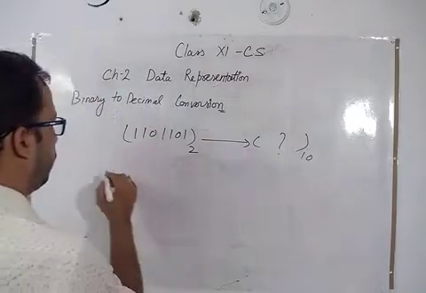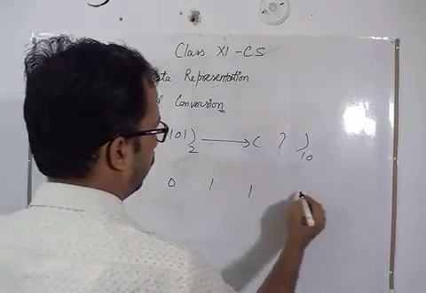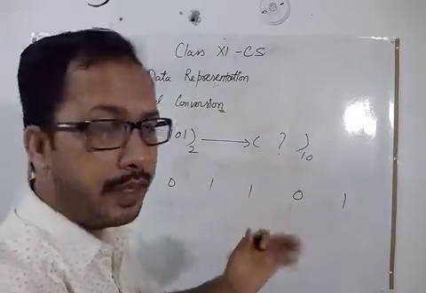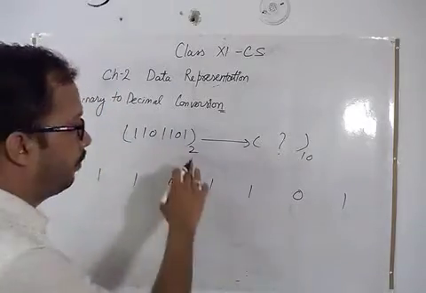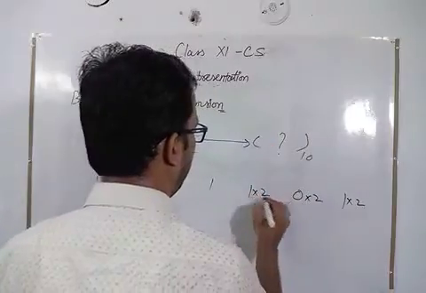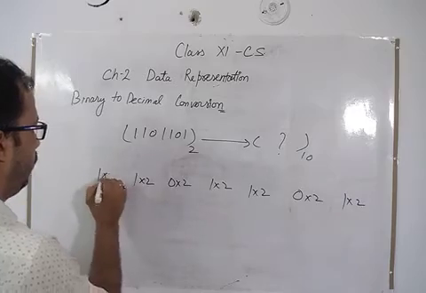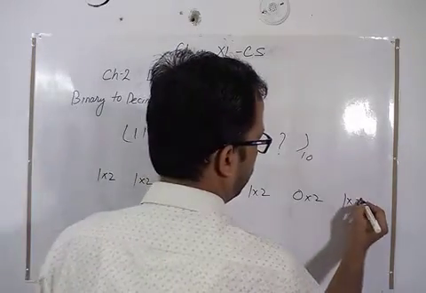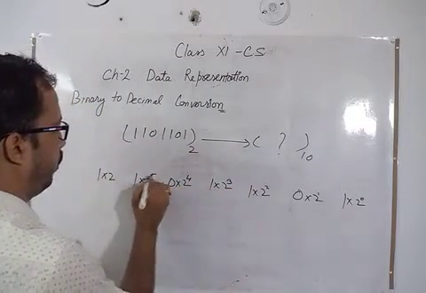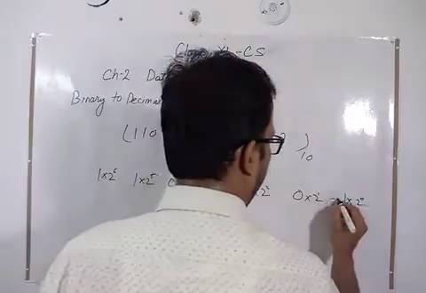So we will write 1 1 0 1 1 0 1, all these binary digits expanded here. Now we will multiply them by the given base, which is 2, with powers of 2: 0, 1, 2, 3, 4, 5 and 6. Now these are the powers, and we will add these.